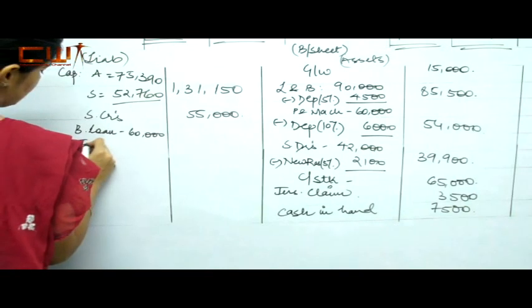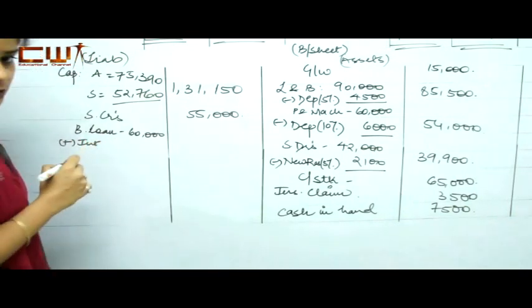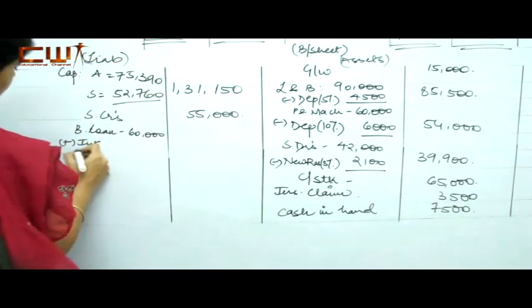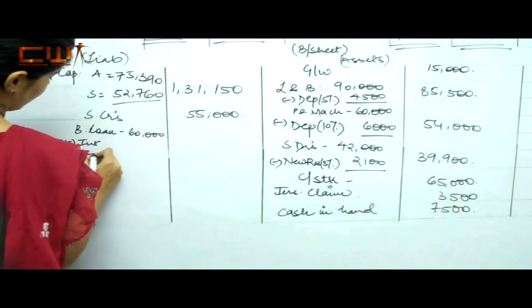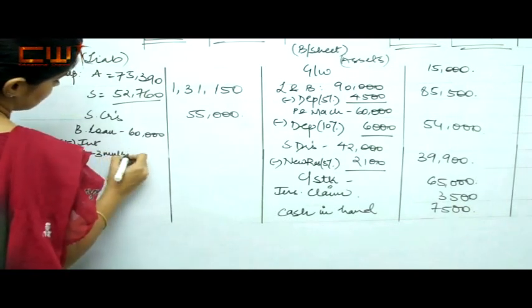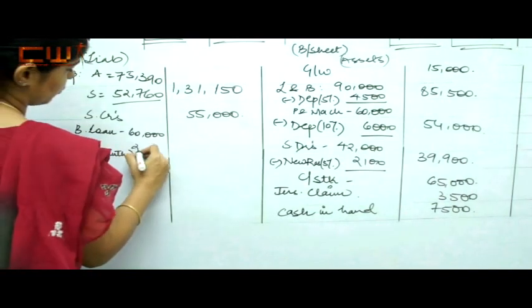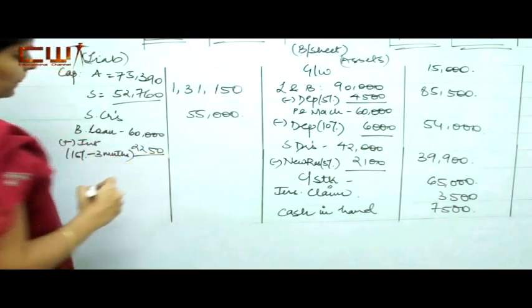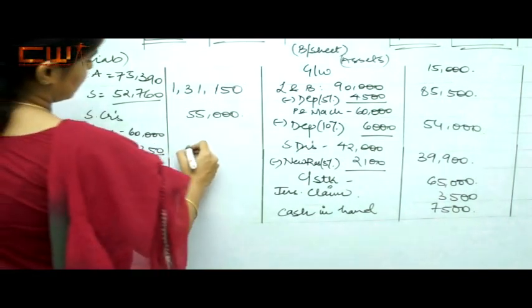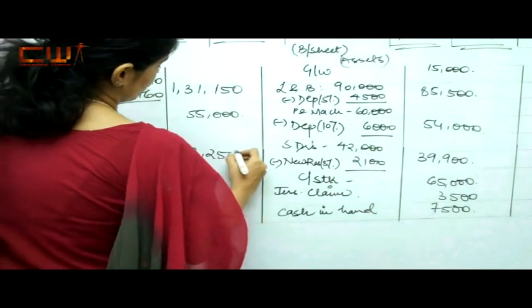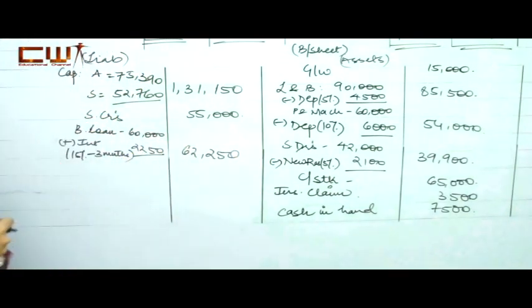Plus interest. How much? You have interest as 15% for 3 months, right, because the loan was taken on 1st January 2010. So January, February, March, 3 months loan, 2,250. 62,250 will be the amount that will be shown on the liability side. Next you have the bills payable, 17,000.